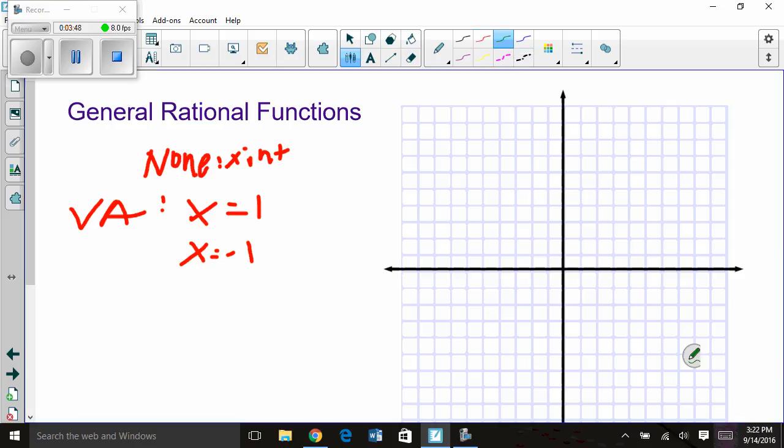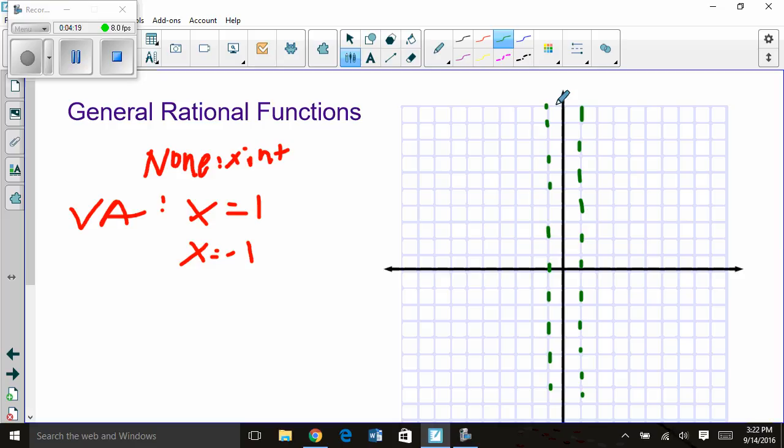If you were going to graph, which we aren't, there would be nothing along the x-axis, but we do have our vertical asymptotes at negative 1 and 1. So you have two vertical asymptotes in this.